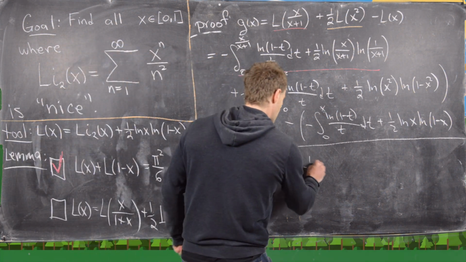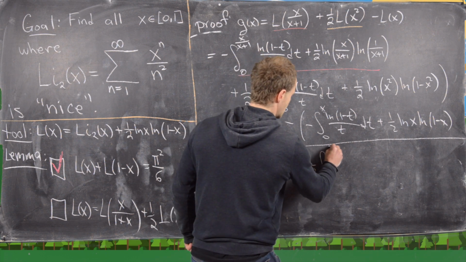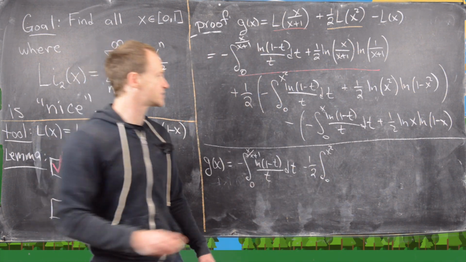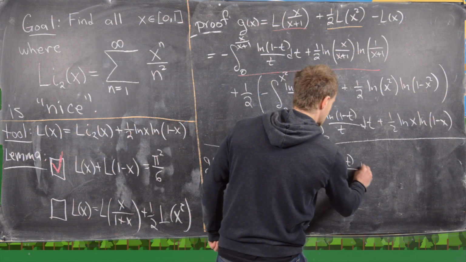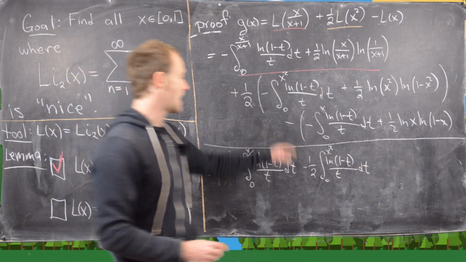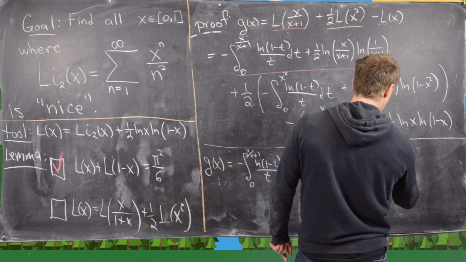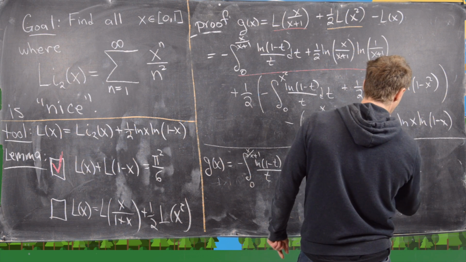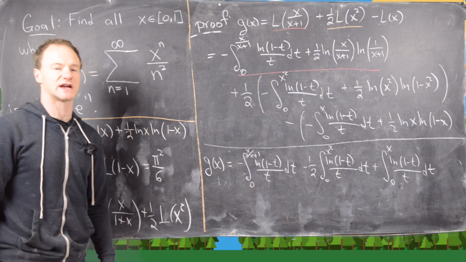And then we have minus half this second integral type term, which is the integral from 0 to x squared of natural log of 1 minus t over t dt. Great. And then finally, this is going to be plus the integral from 0 to x of natural log of 1 minus t over t dt.